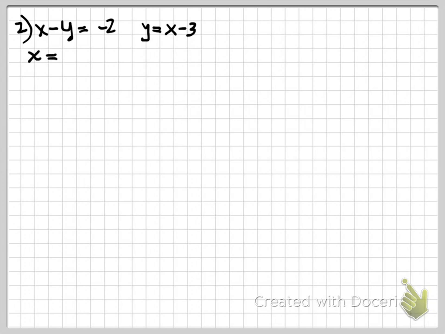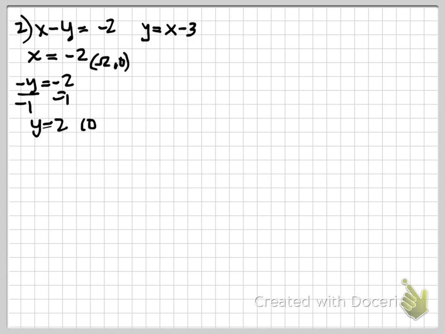So x equals -2, and then I have negative y equals -2, which, dividing both sides by -1, gives y equals 2. So I'm going to graph (-2, 0) and (0, 2). The second one is already in slope-intercept form, so I might as well use that, where the slope is 1, or we can write it as the fraction 1 over 1, and the y-intercept is -3.